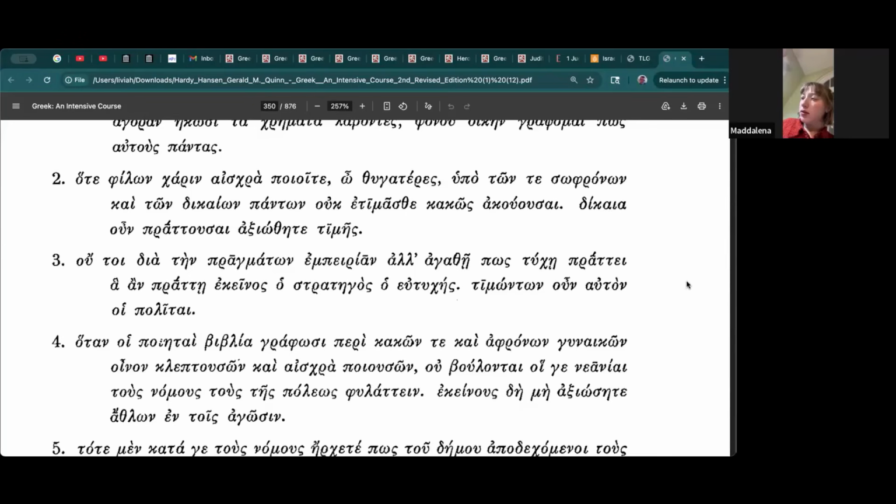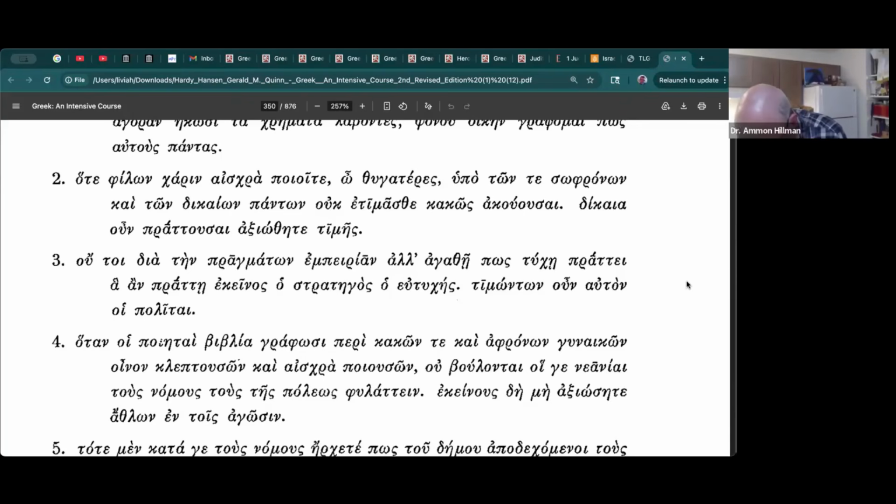So, right? Yeah, I think it's like a past general temporal. Okay. If it's a past general, using hote, we're indicating simultaneous action with the main verb, right?